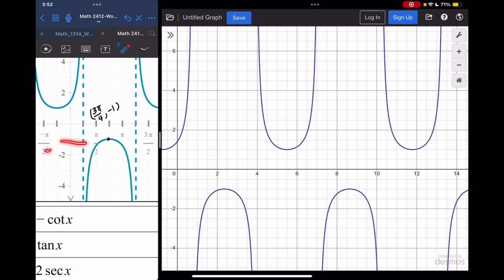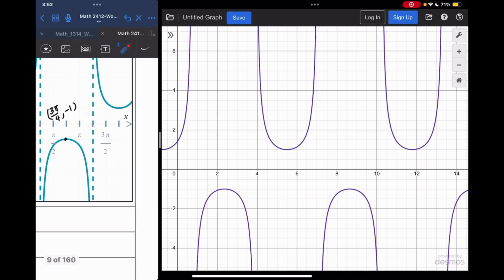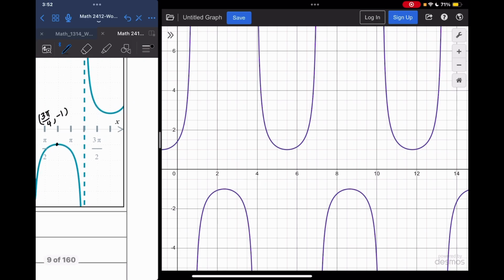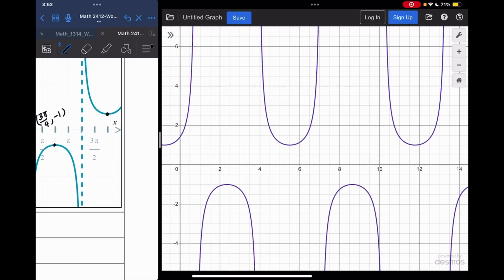This is negative 1, and this right here is 3 pi over 4. And if we continue to the right, this is broken down into fourths. So over here, we are going to have right there 7 pi over 4 comma 1.